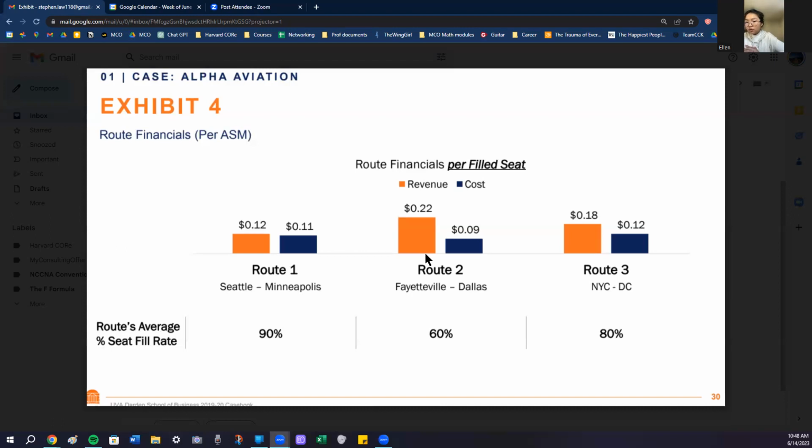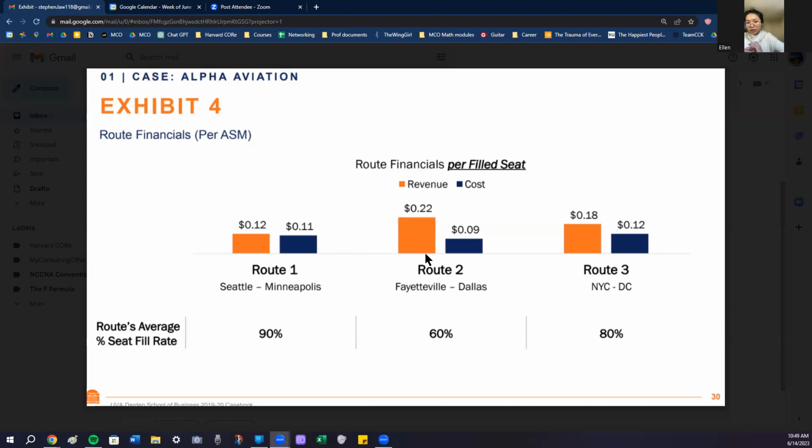But how could you know the profit per seat? Right. So it would be converting profit per seat. It would be multiplying by the number of seats per plane.